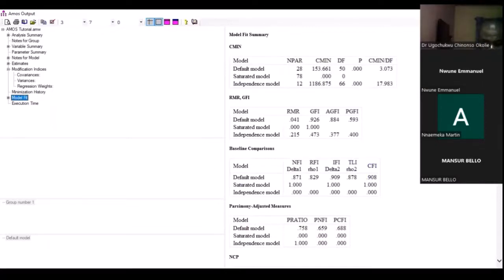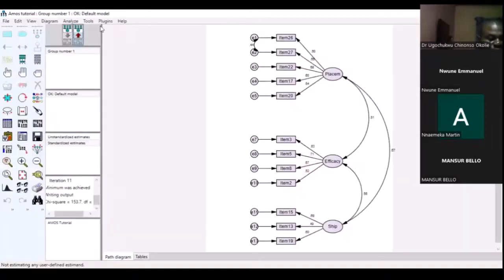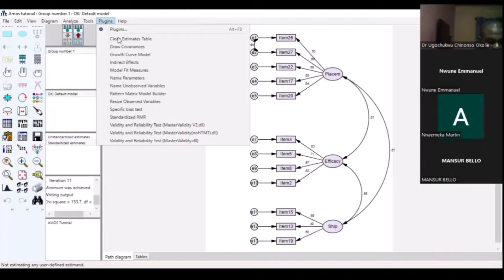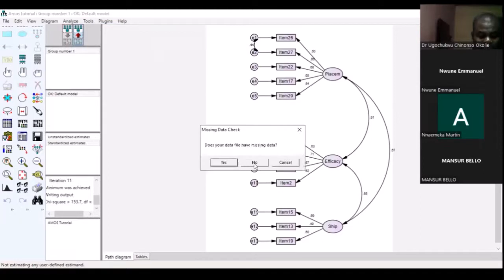So now let us calculate. Are you seeing what I'm doing? Yes, sir. Under pattern matrix, you can see model fit. I have a lot of plugins here which I use. So what I need to do now is calculate model fit measures. It will ask me, does your data have missing values?